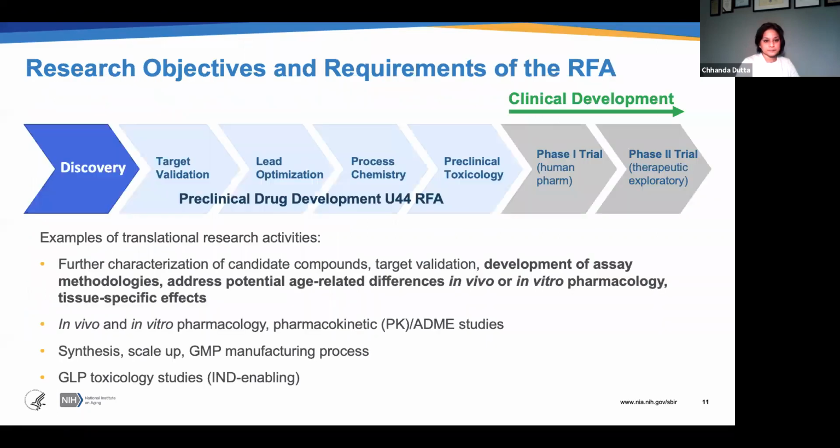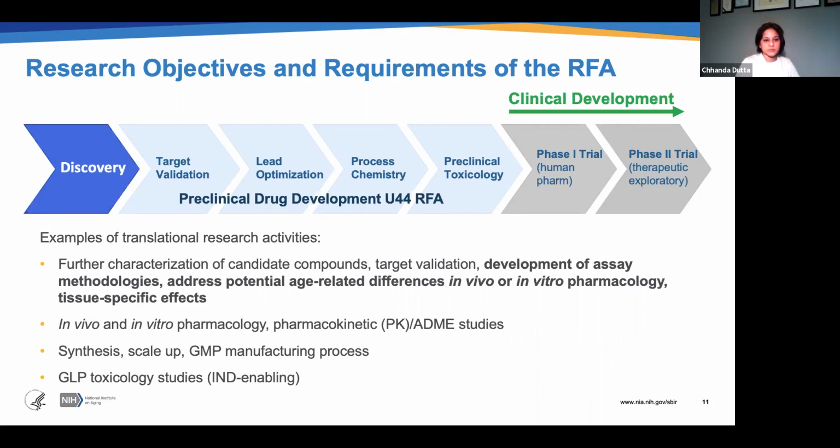Next slide, please. A diagram made up of arrow-shaped phases of drug development, from discovery to clinical development in phase 1 and 2 trials. So as Rebecca pointed out, many of these geroscience-based drugs and compounds, whether they're repurposing or repositioning of existing compounds, very few of them are entering into this preclinical development pipeline.